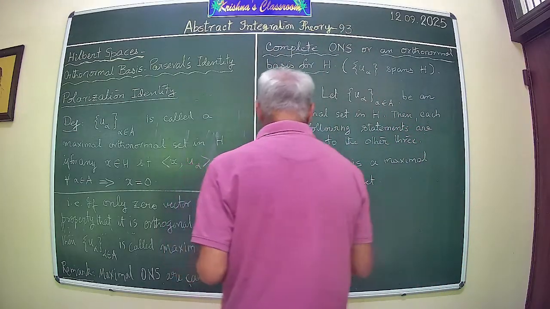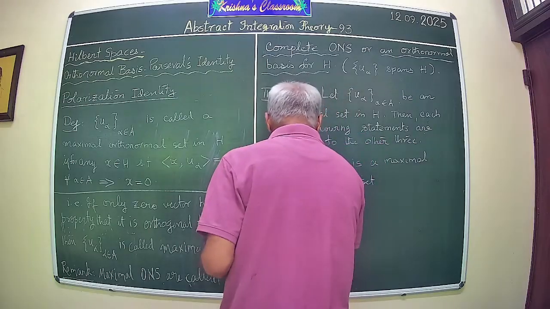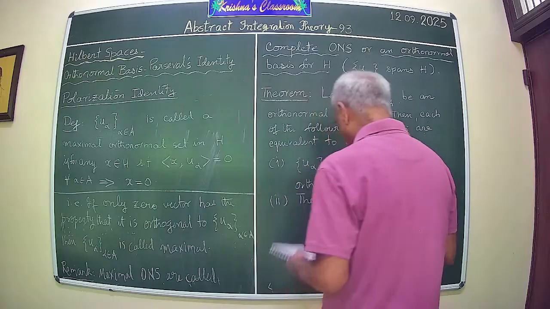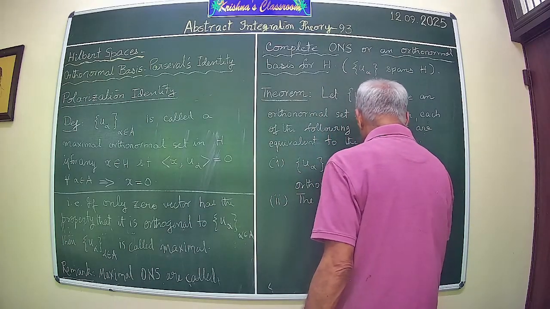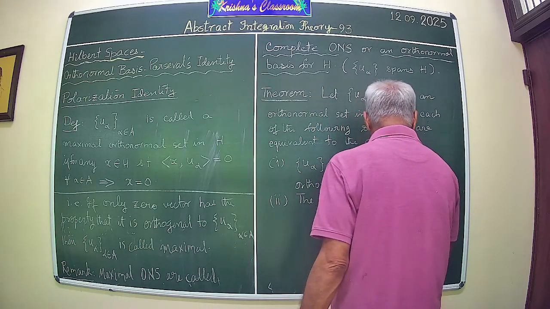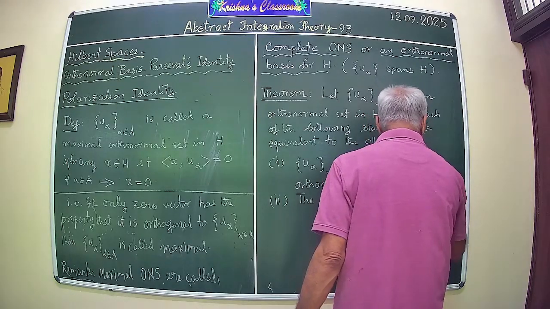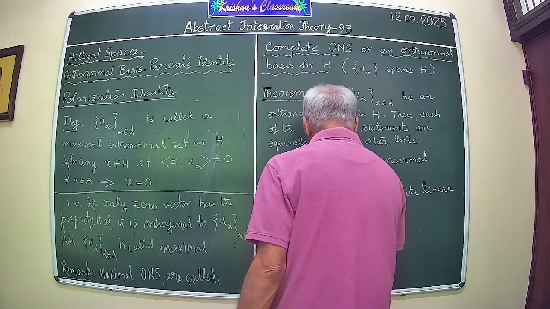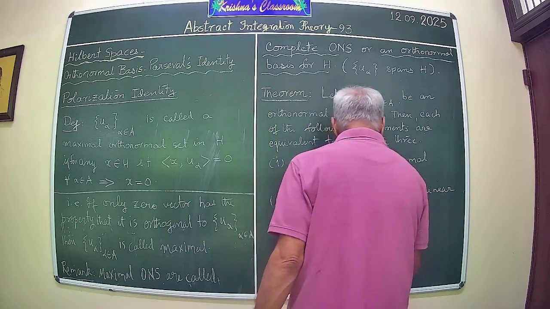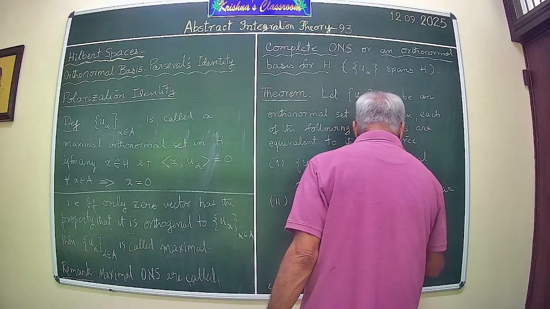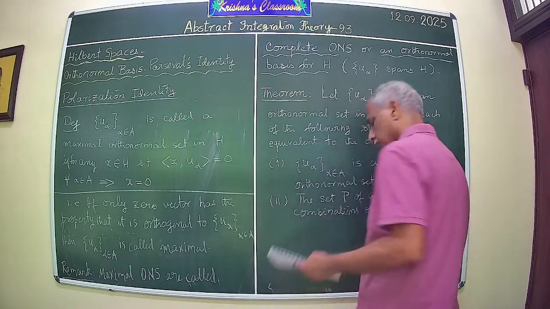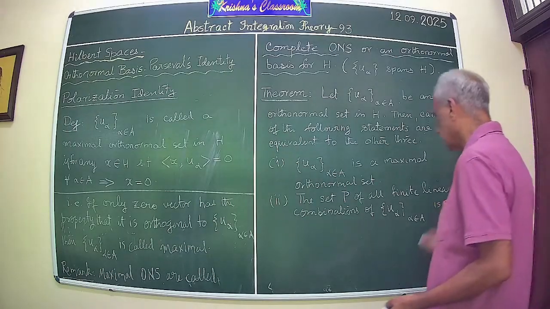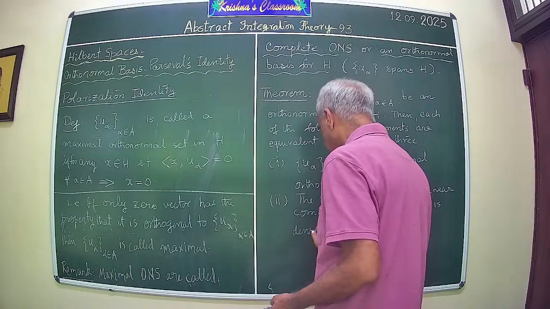Second statement is that the set P of all finite linear combinations of the collection U alpha is dense.